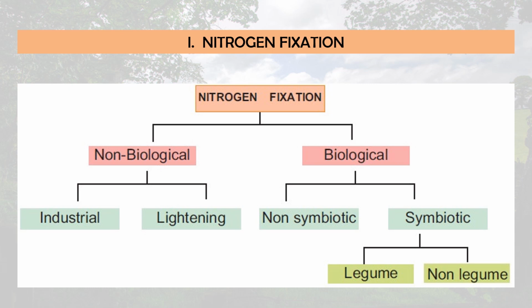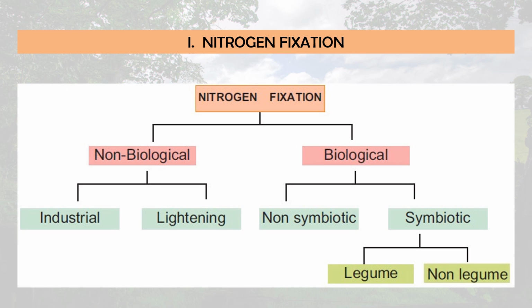When these bacteria die, their proteins are released into the soil, so we get the proteins from the soil. There are also fixation by blue-green algae and yeast. So all these are some examples of non-symbiotic fixation of nitrogen.